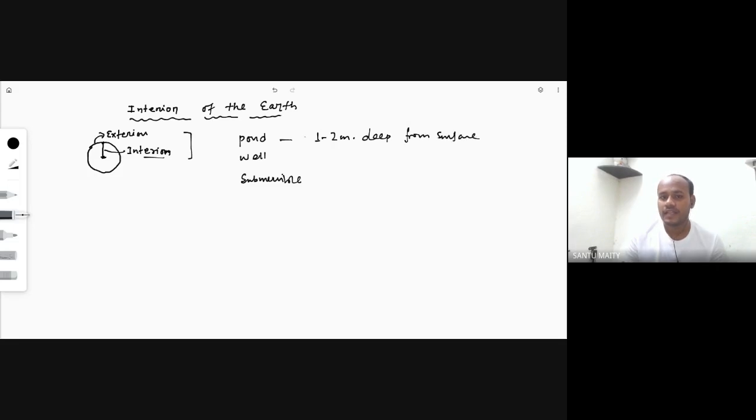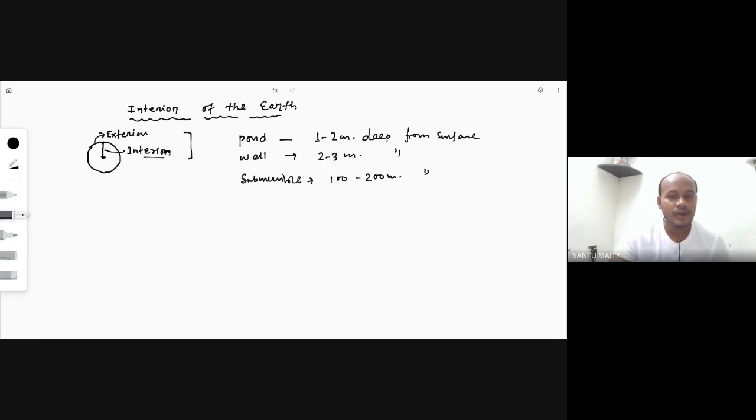In the case of the well, it may be 2 to 3 meters deep from the surface. In the case of the submersible, it may be 100 to 200 meters from the surface. This is the maximum distance we can reach through this process.